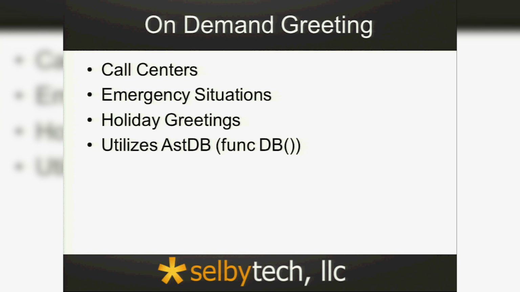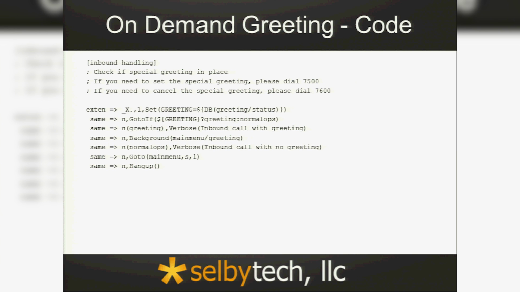All right, the on-demand greeting, the way I use it, utilizes AsteriskDB, and the DB function. This is the context I pulled straight out of my client's dial plan, sanitized.